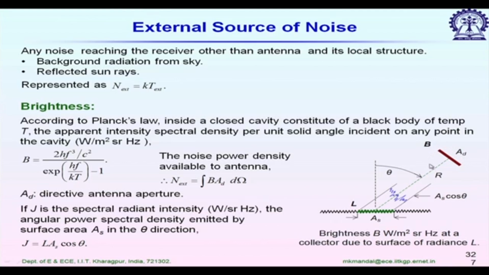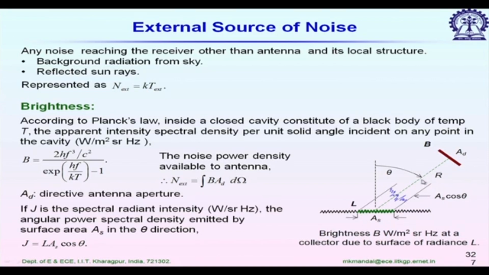The antenna area is given by AD, and the antenna makes an angle theta with the zenith of this earth surface AS. So obviously the power, scattered or radiated, received by this antenna depends on this angle theta, on the polarization of the antenna, on the surface roughness, and on the dielectric constituents of this earth surface. It depends on so many factors.